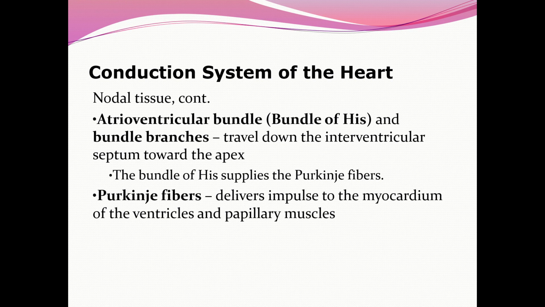Then we move down the atrioventricular bundle, or bundle of His, and they also go into the bundle branches, which travel down the interventricular septum towards the apex. The bundle of His will supply the Purkinje fibers. Purkinje fibers will deliver the impulse to the myocardium of the ventricles and the papillary muscles and cause them to contract.